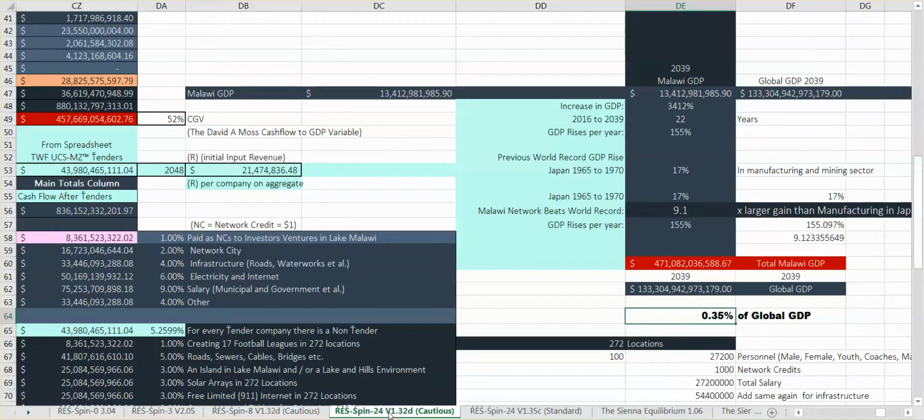At CZ49, top left, in red, the cautious version made GDP of 457 billion, which when added to the outer network Malawi GDP creates 0.35% of global GDP.